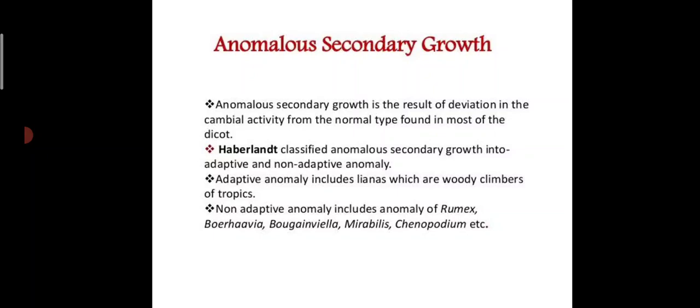Anomalous secondary thickening means a deviation from a normal pattern. Normal secondary growth we have learned, and in some cases there may be deviations or abnormalities which are different from the normal secondary growth, and those are known as anomalous secondary growth.